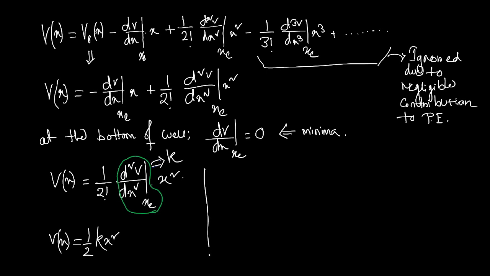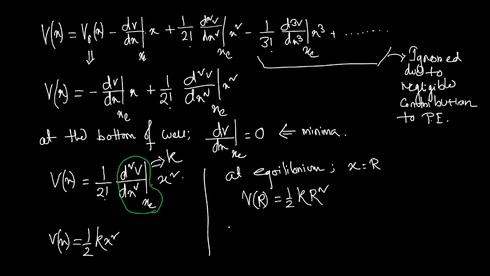Now in the question it is written at equilibrium, so x will be r or re, whatever the interatomic distance. So we can write V(r) is equal to half k r square.